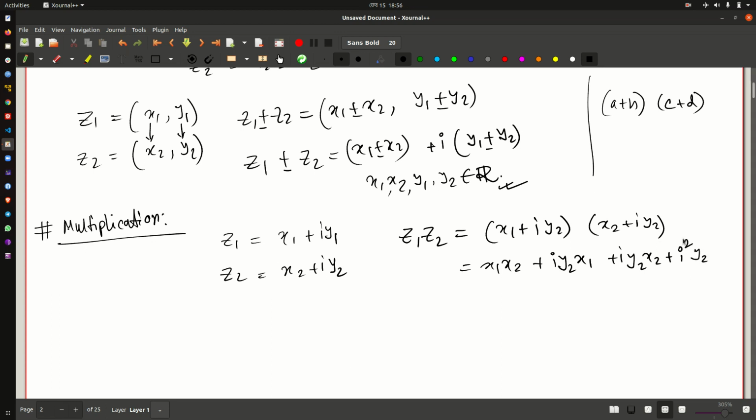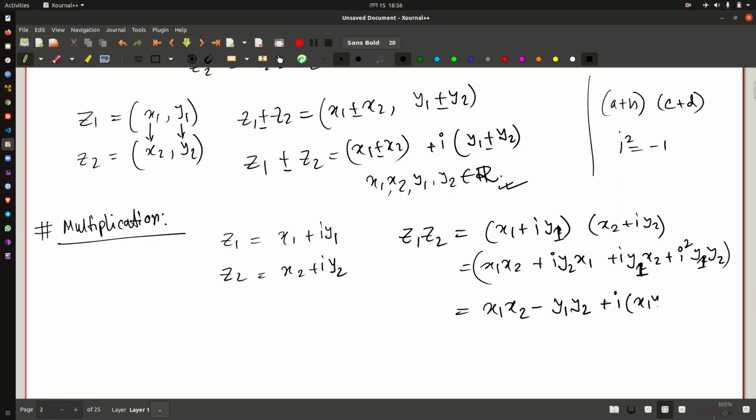Sorry, this should be y1 over here as well, index mistake. And then if you simplify and put i squared equals -1, then you will have x1 x2 minus y1 y2 plus i times (x1 y2 plus x2 y1). Here I'm just collecting the real parts and the imaginary parts together. This is how multiplication is done in terms of complex numbers.